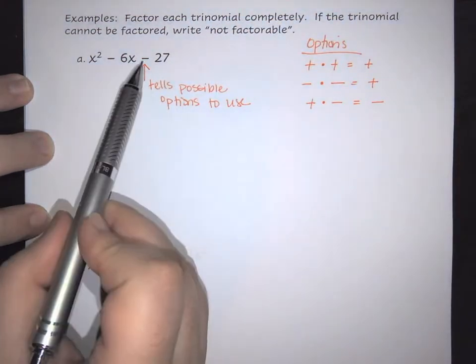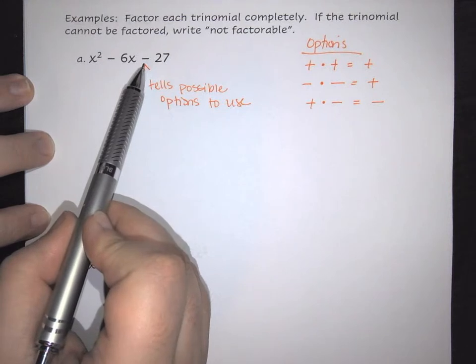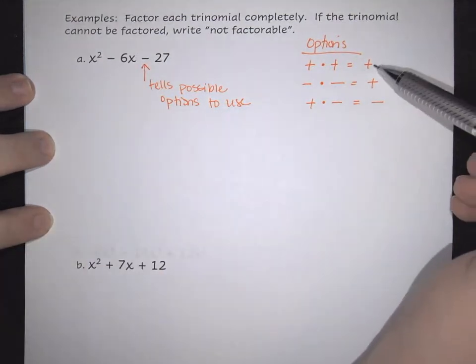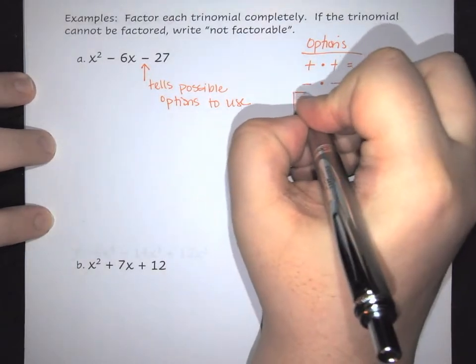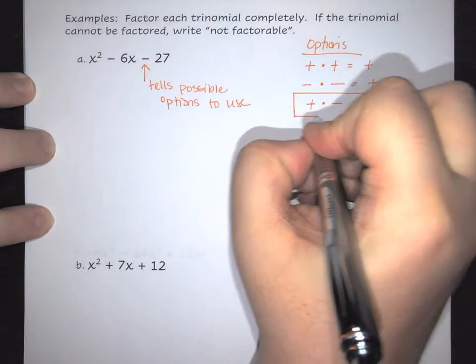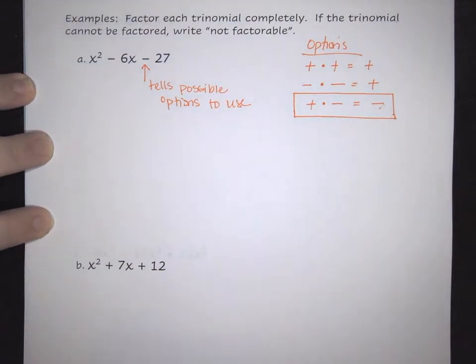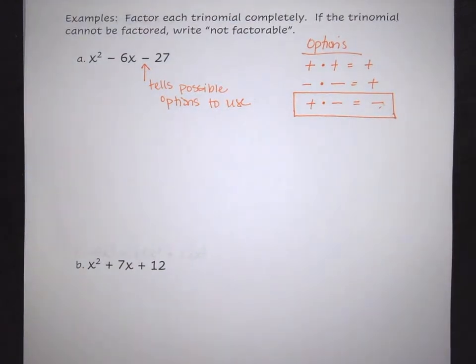Here we've got the negative. So if you look, I have positive, positive, negative. I only actually have one negative choice. Because I only have one negative choice, I don't need to worry about the middle sign telling me an option to use.